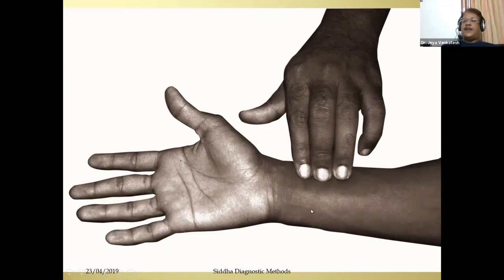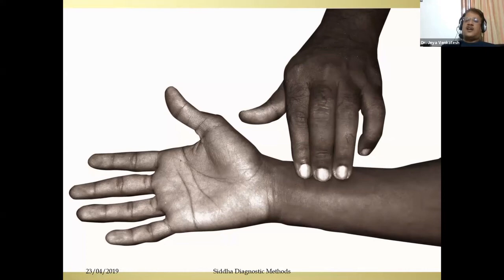The pulsation felt in the 3 fingers may be correlated with movements of some animals, birds, movement of tree, movement of rope.